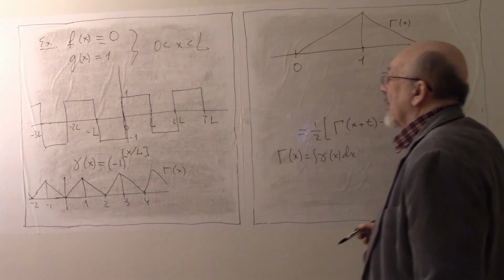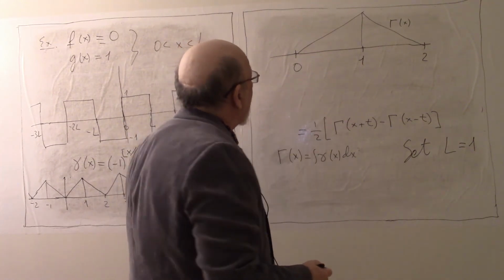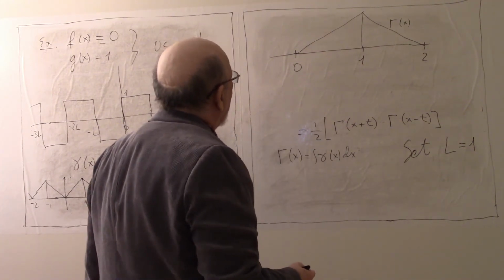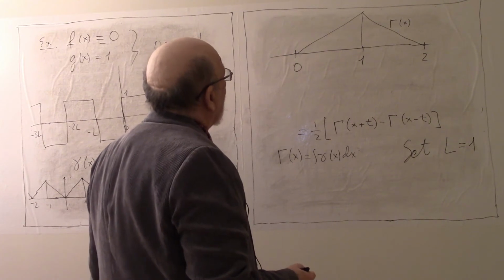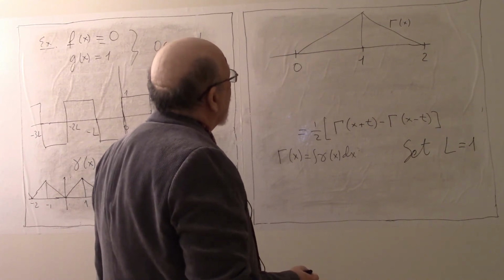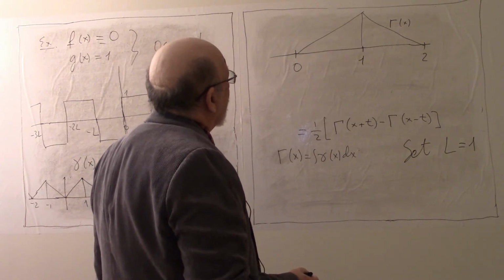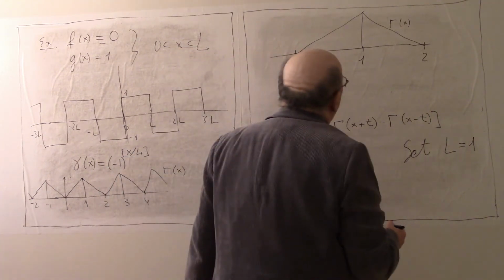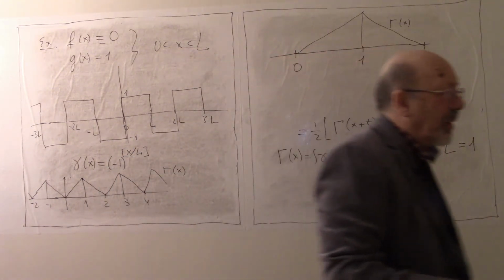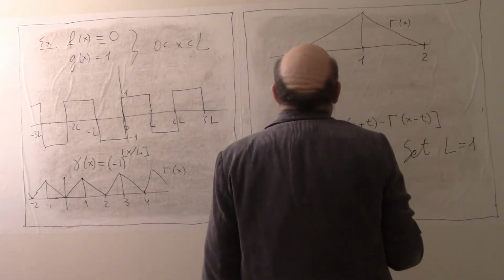Now gamma of x plus t minus gamma of x minus t. So for t equal 0, this is 0. Now for t between 0 and 1/2. Why 1/2? Just a minute.